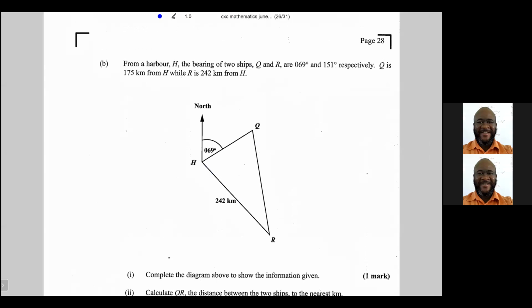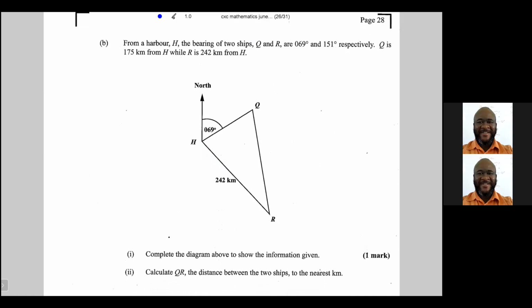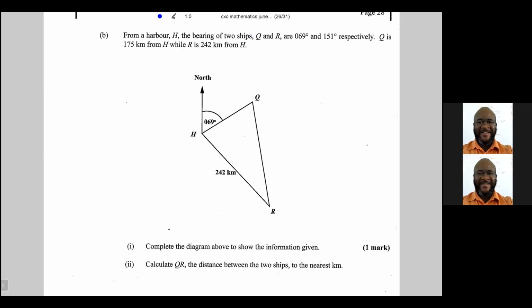Q is 175 kilometers from H, while R is 242 kilometers from H. It says complete the diagram above to show the information. So some of the information was given and some wasn't. So first of all, the distance from H to Q is 175 kilometers. That's a distance.